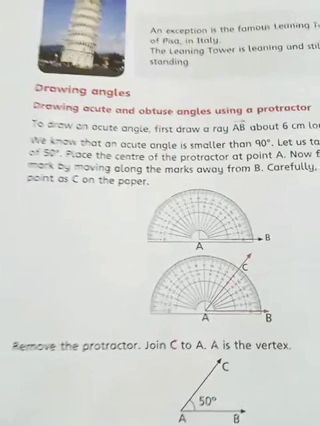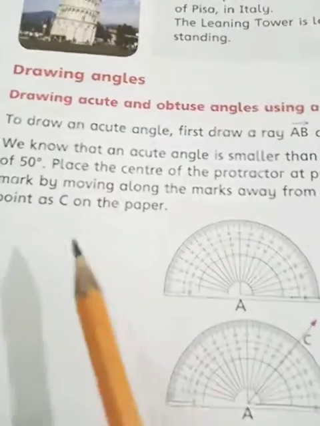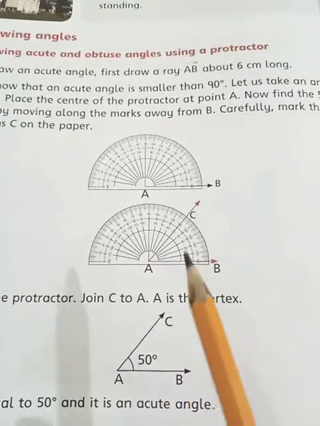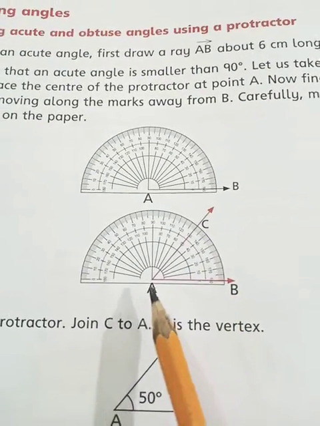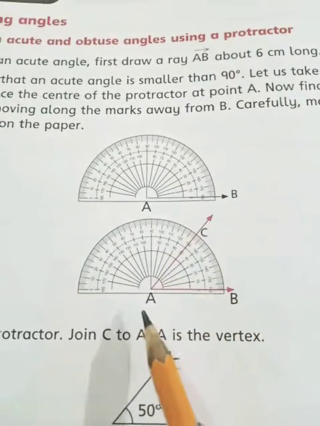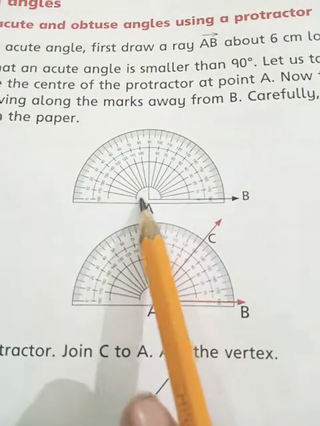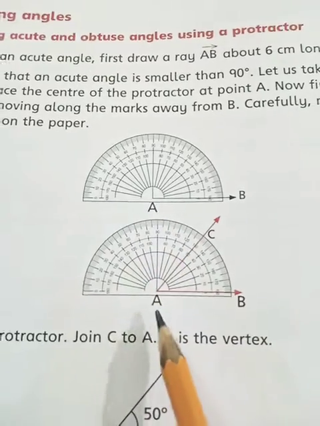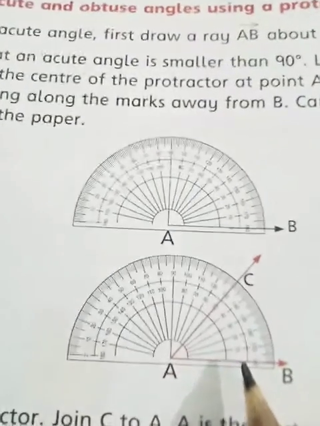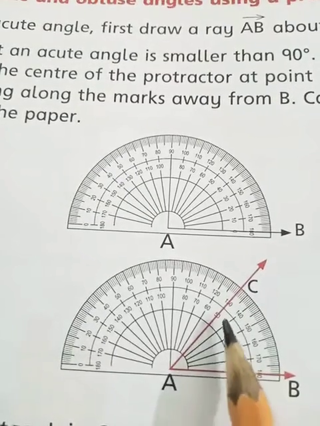Okay. Now our next topic is drawing angles. Drawing acute and obtuse angles using a protractor. Here beta, in the same way we will do this. We will draw a line AB, and then we will place our protractor so that the middle of the protractor lies at the point A. Then if we want to draw an angle of any measurement, we can mark it like this.